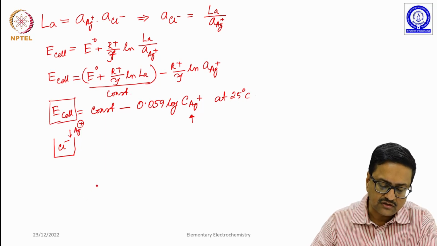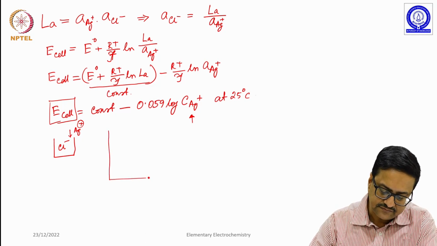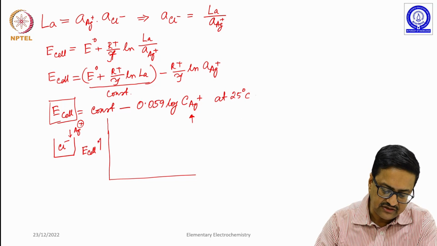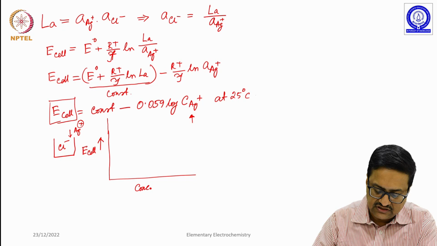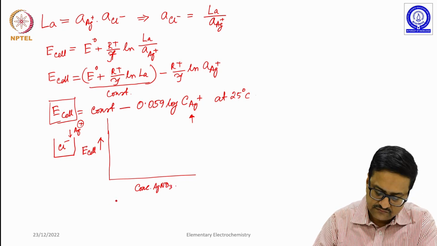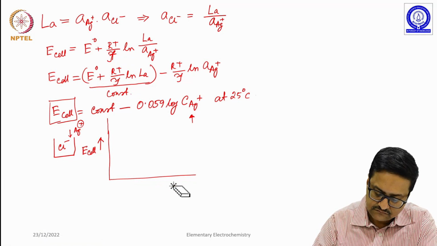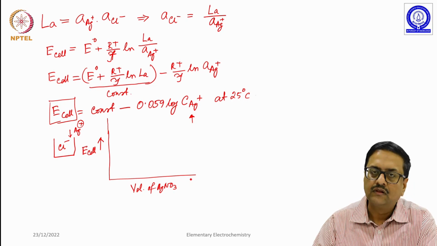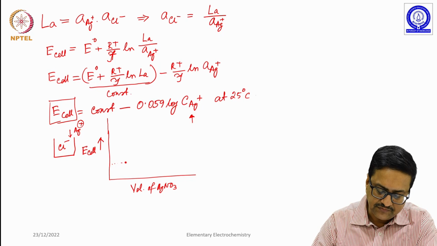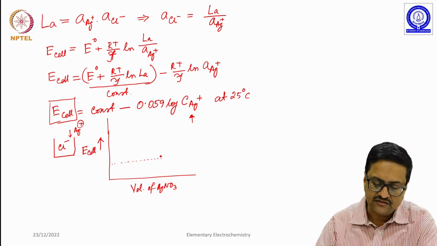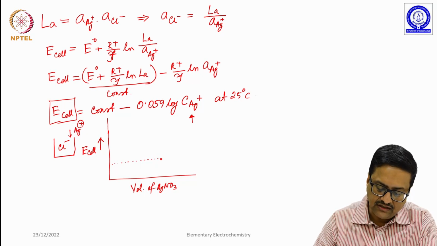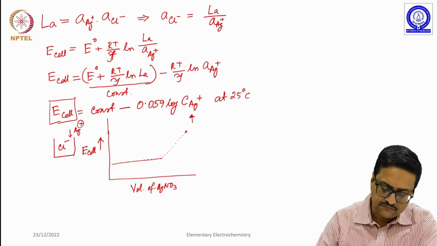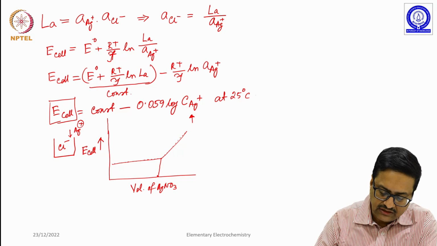So, now if I try to plot it in the form of a graph, assuming that E cell is plotted in this direction and concentration of AgNO3, or in a better sense, volume of AgNO3 added, we will see that initially the EMF of the cell does not change significantly because it is not contributing anything, and then after a while it will start increasing, and the point of inflection is your end point.